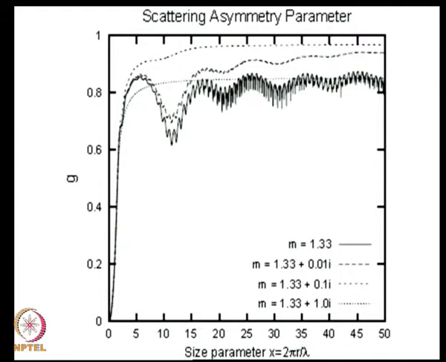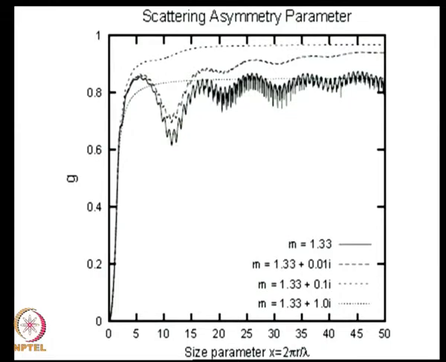Now, here is a plot of the asymmetry parameter as a function of the size parameter as well as the different values of the imaginary part of the refractive index.